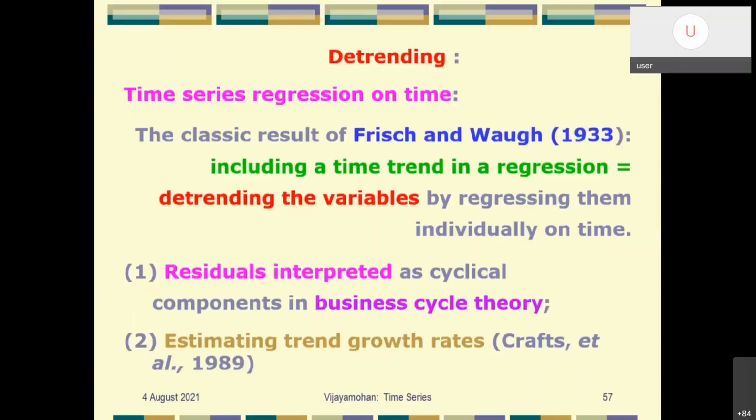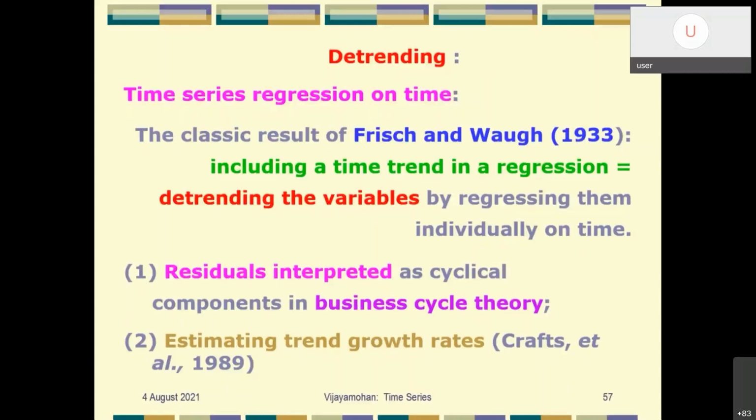Similarly, if we have consumption expenditure as a function of income, then along with income as an independent variable, we include another variable so that both the consumption variable and income variable will be deflated. So which variable will we use?